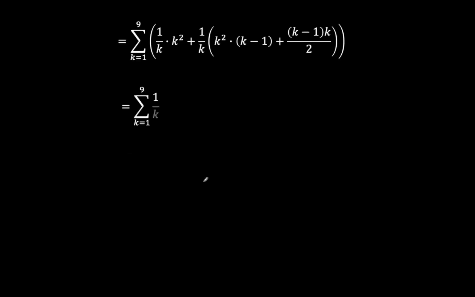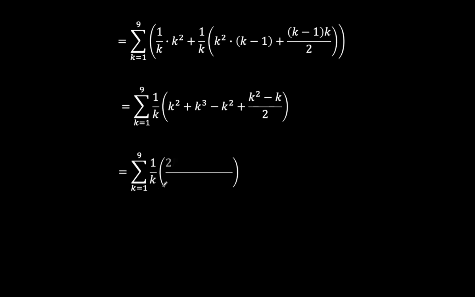And so we continue by saying now this is 1 over k because we pulled out 1 over k, this 1 over k and this 1 over k out. We have now k squared plus k squared times k is k cubed, minus k squared times this negative 1 is minus k squared, plus k squared minus k over 2. 1 over k, so we multiply 2 across, and then we have it all divided by 2.